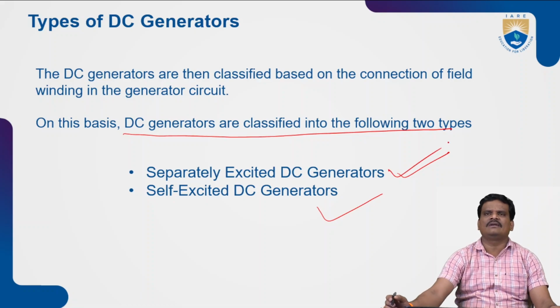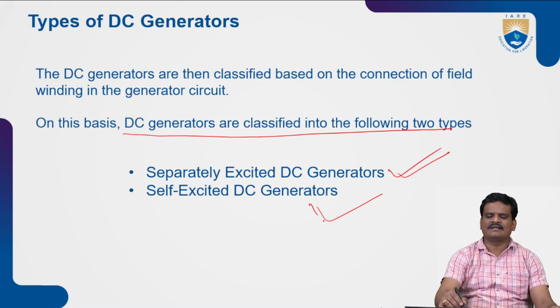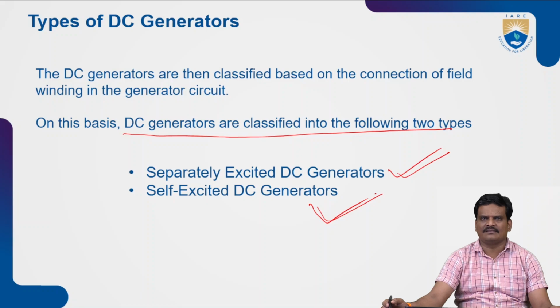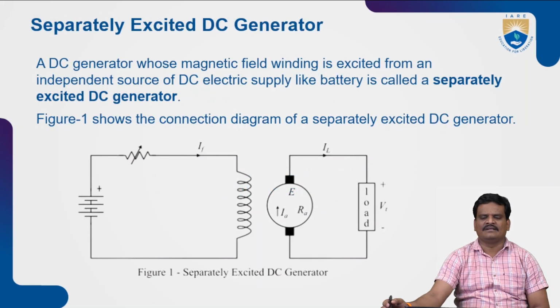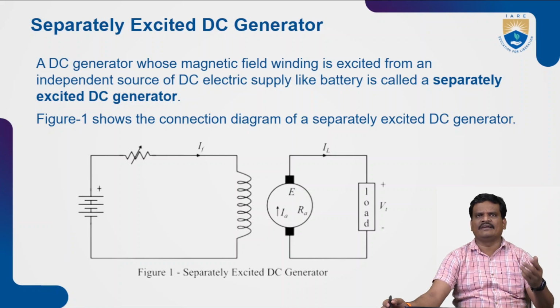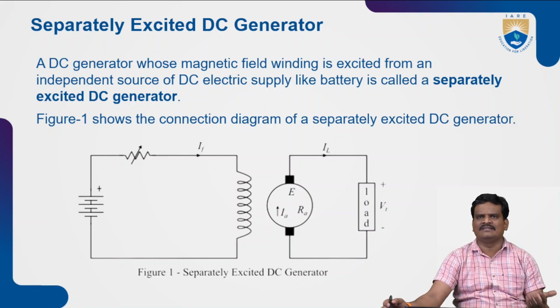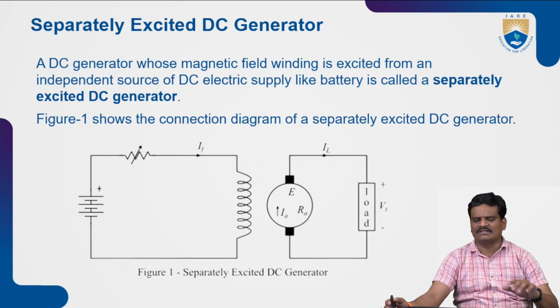The first one is the separately excited DC generator, and the second one is the self-excited DC generator. We will discuss each generator, what a separately excited DC generator is, what a self-excited DC generator is, and what types are involved in it, with respect to its circuit diagram. That is how the representation will be.